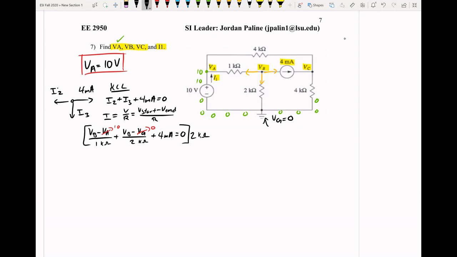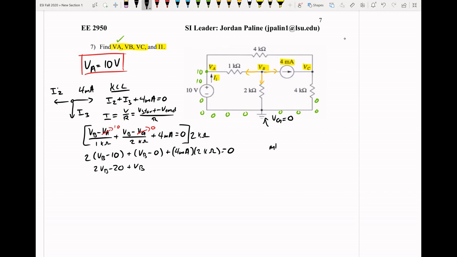So here we will get 2 V of B minus 10 plus V of B minus 0, then plus 4 milliamps times 2 kiloohms is equal to 0. So here we'll get 2 V of B minus 20 plus V of B, and then 4 milliamps.